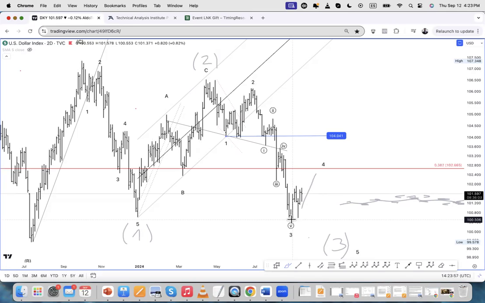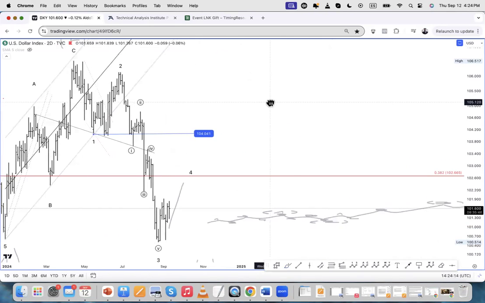Our interpretation is going to be either confirmed or invalidated. And we're going to get to those specific points by learning the basic rules of the wave principle.